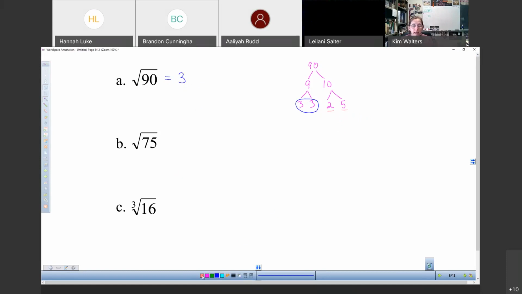And then I'm going to be left with the square root of 2 times 5, which is 10. And so this is my final answer. I look for pairs because I'm talking about a square root. We're going to do a cubed root in just a minute. Anything that's left over that doesn't have a pair is going to be multiplied together and stay under my radical. Okay? Questions about this one?